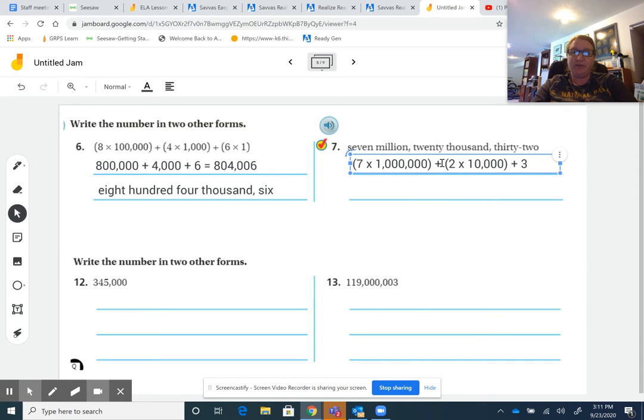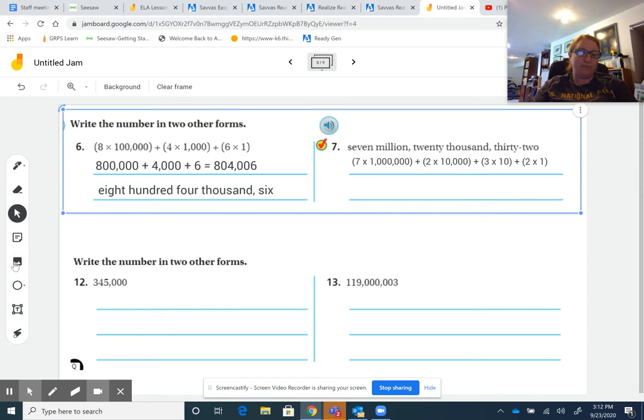So 30 would be 3 times 10, plus 2, which would be 2 times 1. Okay, so let me make that a little bit smaller so it all fits on there nicely.